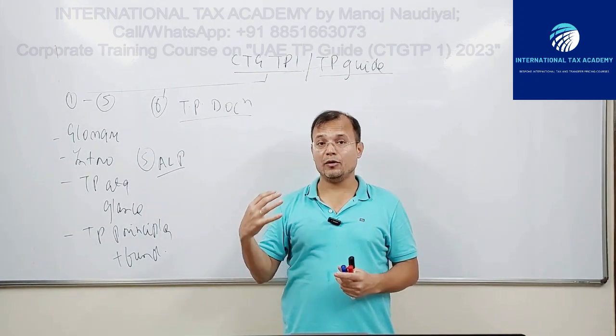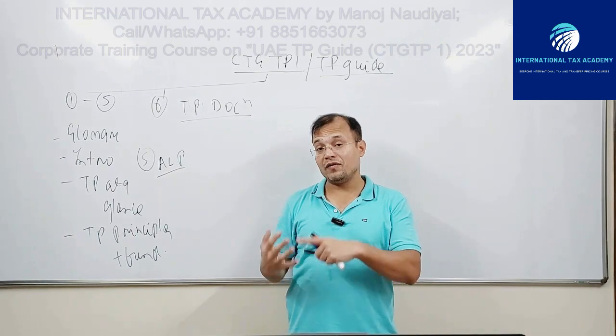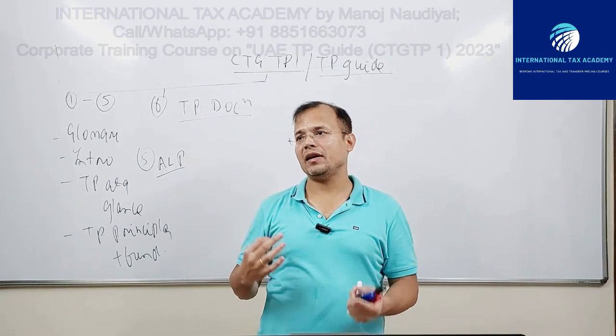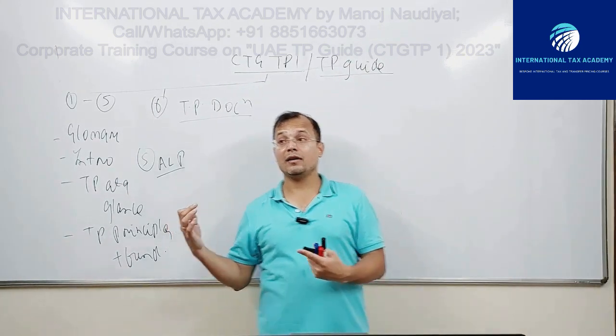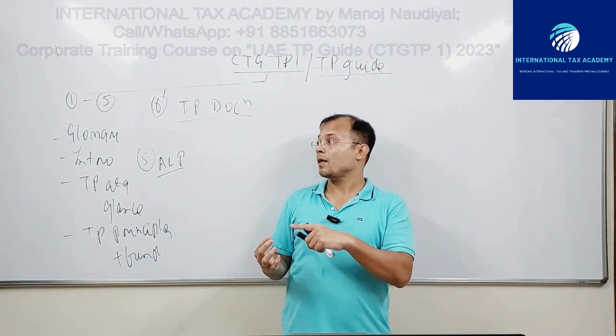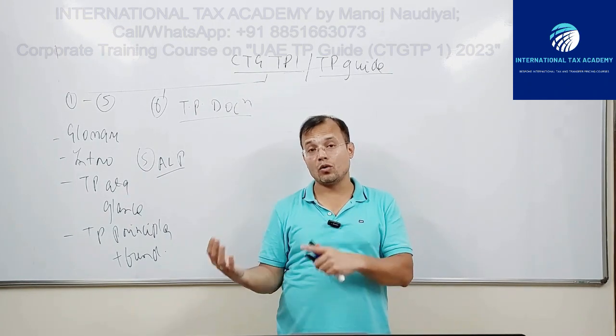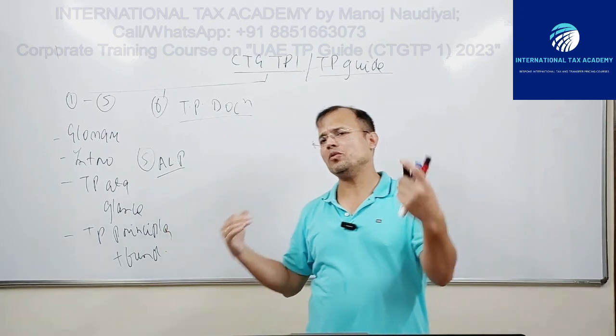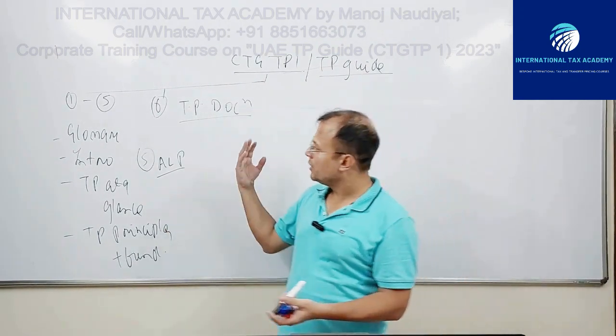That is, they will be able to demonstrate to the Federal Tax Authority that they have taken reasonable efforts to ensure that the conditions of their controlled transactions are consistent with the arm's length principle. So the first objective is to create a culture of compliance.